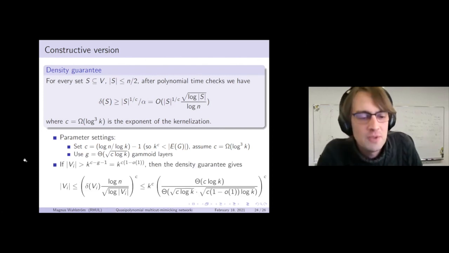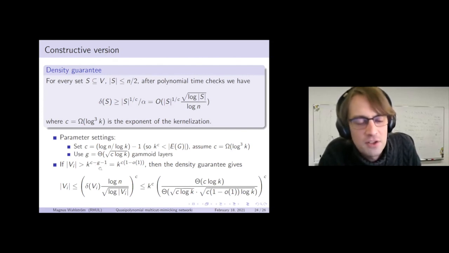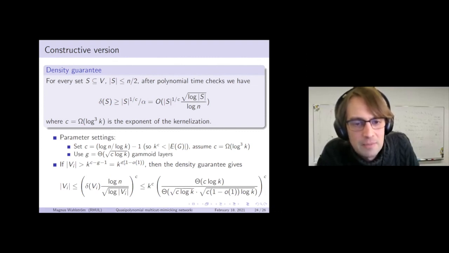So if we assume that there is one component vi whose size is at least k to the C minus g minus 1, or C minus g minus 2 or something like this, too large for the scheme to work, and we plug into the density guarantee, we reshuffle this and we know that vi is at most the approximation factor times the number of edges around vi to the power of C.